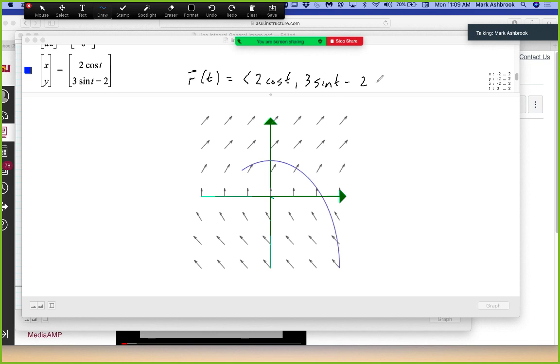That's the path, and t is going from 0 to 2. Actually, I want to go from 2 to 0. So t is going to go from 2 to 0. So this is actually t equals 2, and this is t equals 0.